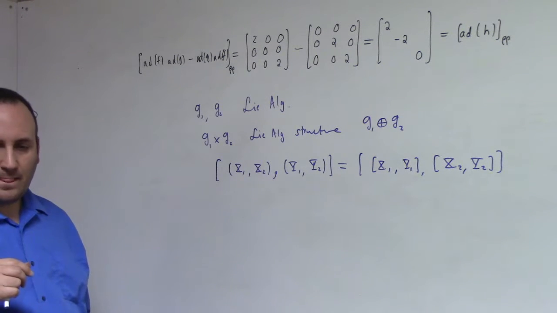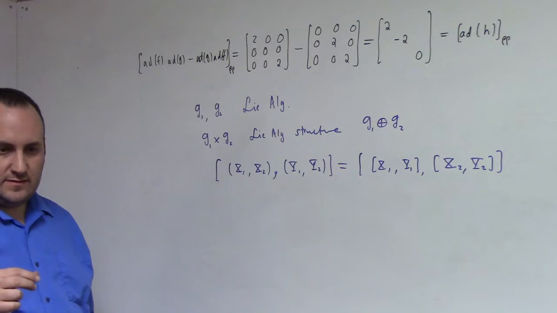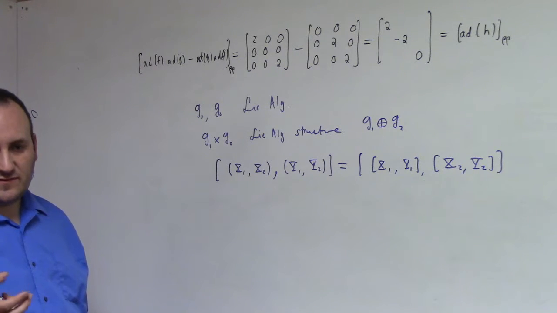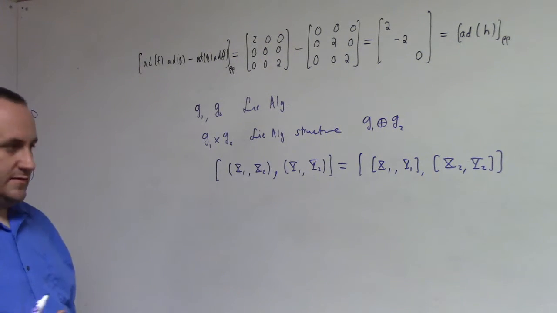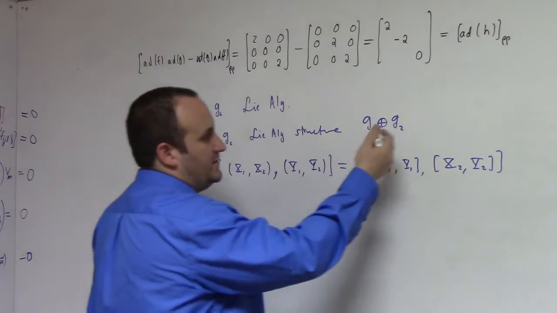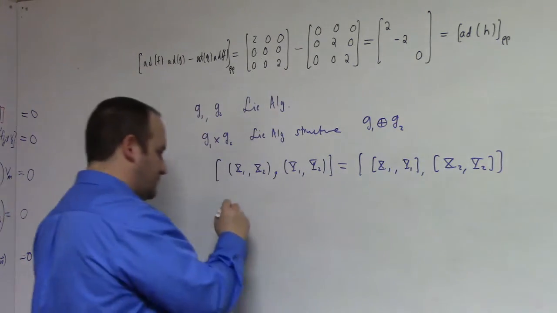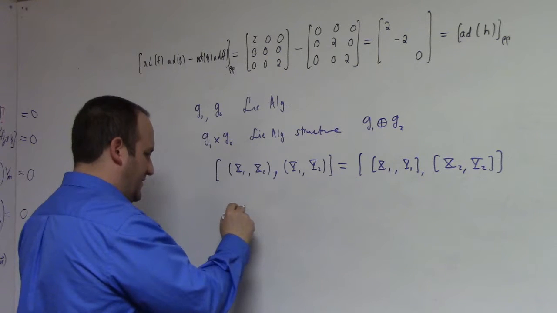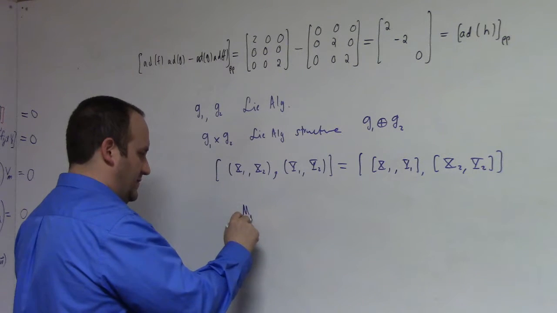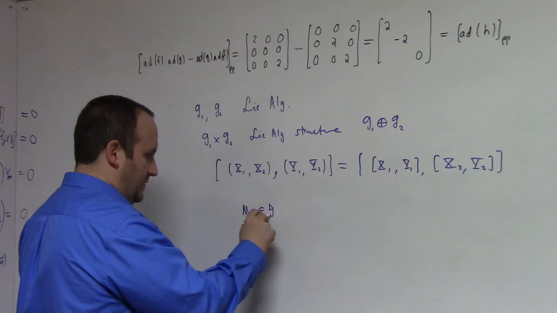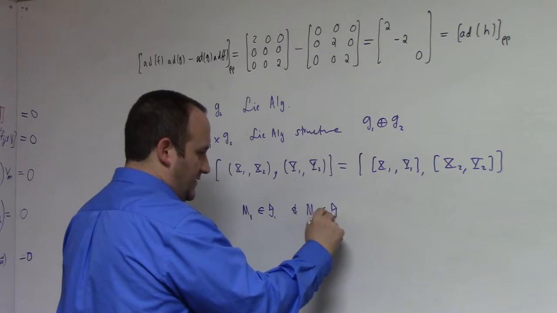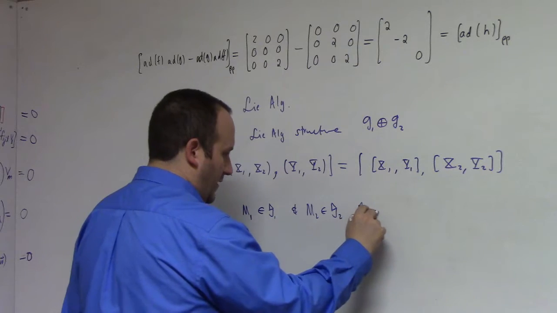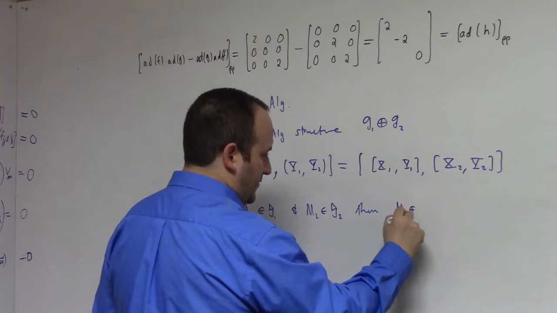Now you can of course think about this in terms of matrix Lie groups. If I have M1 in G1 and M2 in G2, then I can form M1 direct sum M2.